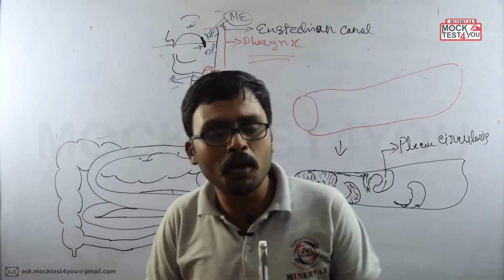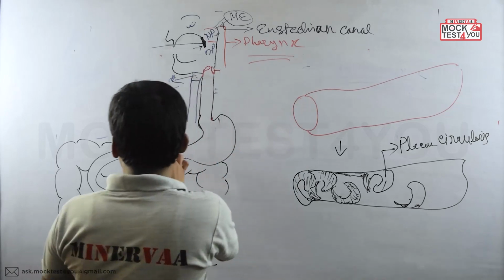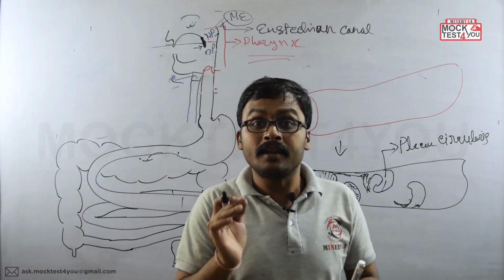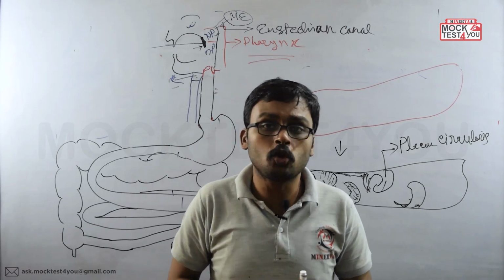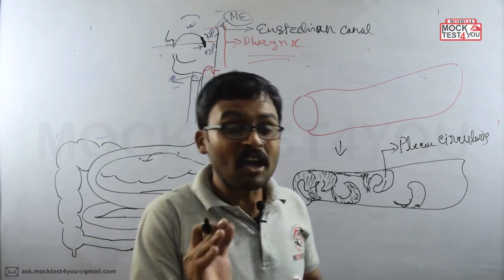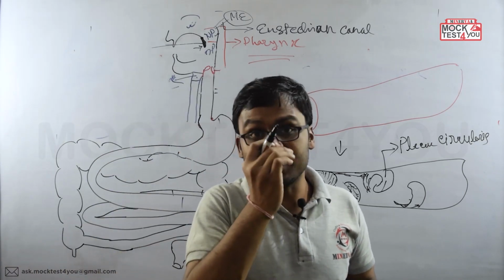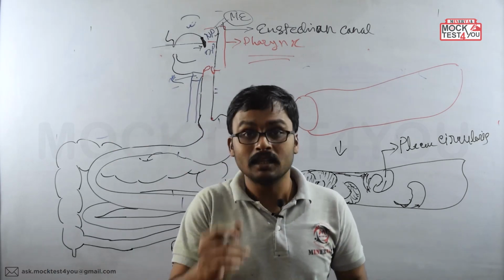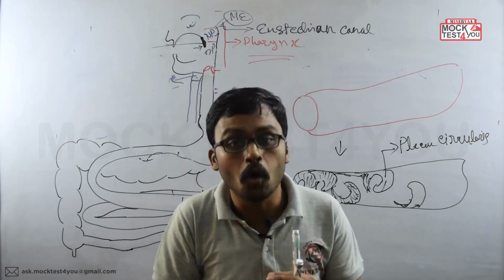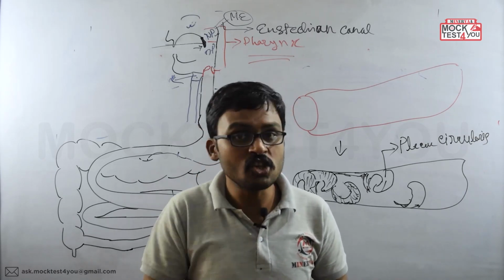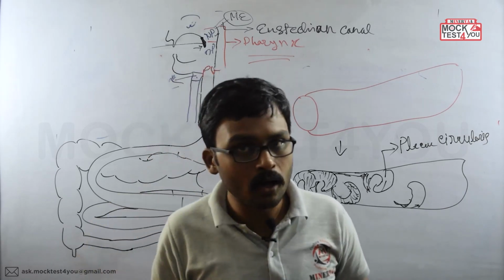Because of that, the movement of the food through the small intestine is becoming slower, okay? And this slower movement of the food through the small intestine is very much required. Why? Because here the digestion is going on, okay? And for the digestion, the mixing of food with the digestive juice is very much required, okay?